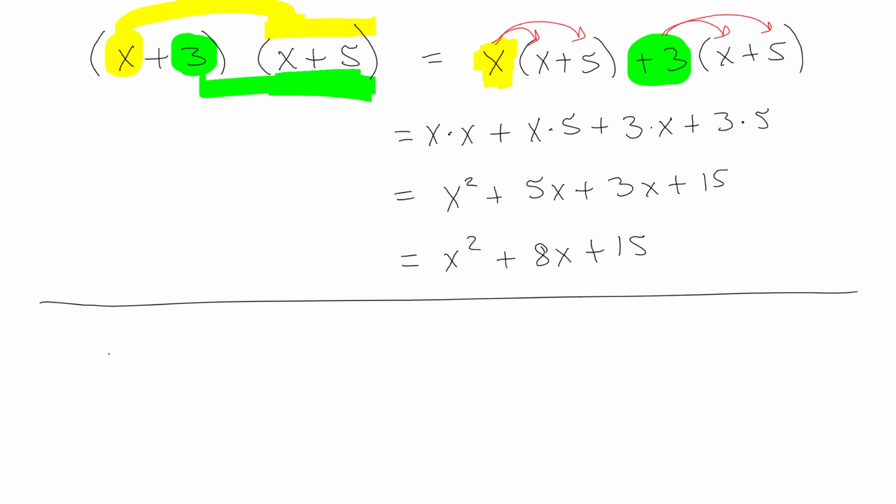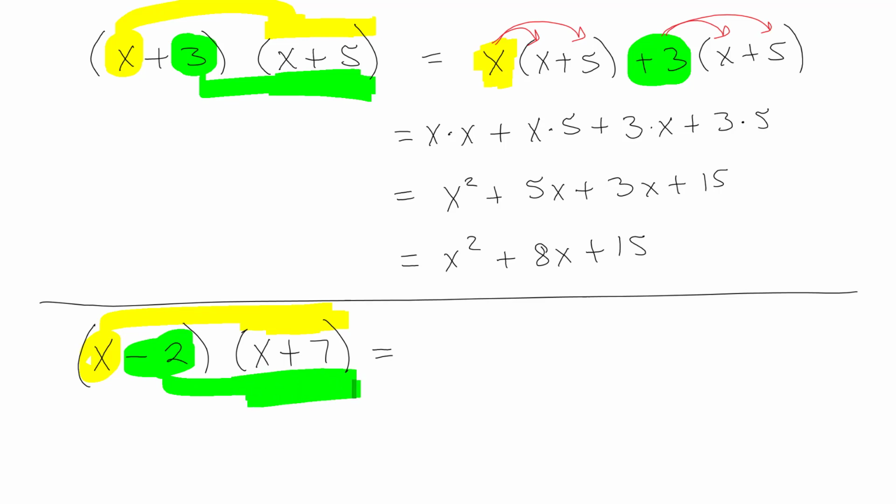I'm going to do it a little bit funner. Let's say that it's x minus 2 and then x plus 7. All right, so again, the idea is you have this x that you need to multiply by everything, and you have a negative 2 that you need to multiply by everything.